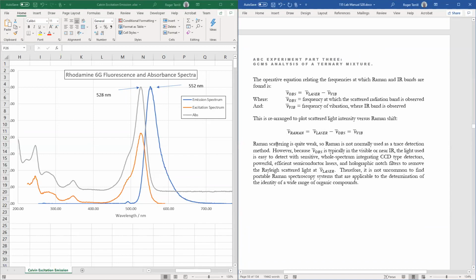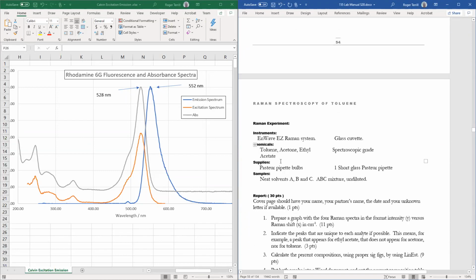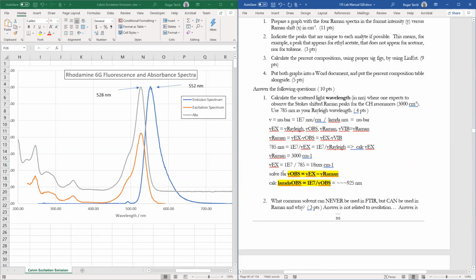So, in your question, is it about the questions on the lab report, or is it about the calculation? Like, is it about these 10 points of questions here? Oh, sorry, I was going off of what you had on Canvas. Oh, okay.